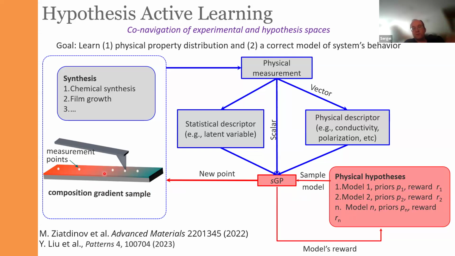In some form, this is very similar to how human scientists work. Imagine that you and your colleague work on a tool, where either you are using the instrument or your colleague is using the instrument. You have competing ideas about what model describes the system behavior.